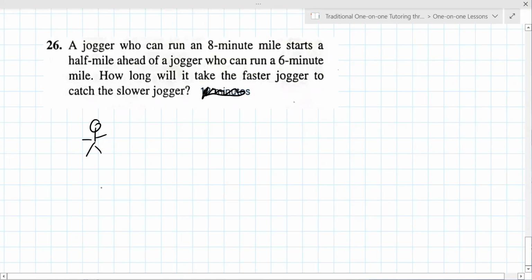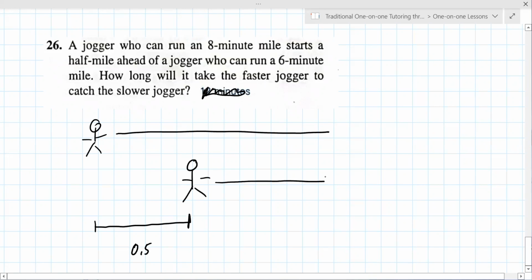So I'm the slow one here, and I get a half mile start. That's my distance. But at some point we meet up, right? At some point down the road, we're in the same spot.